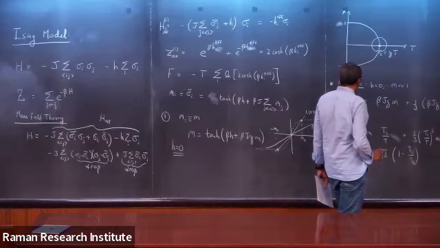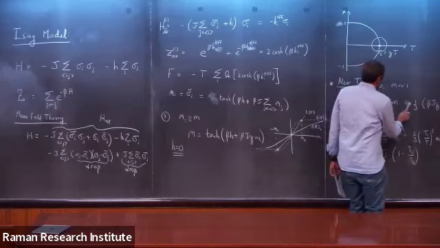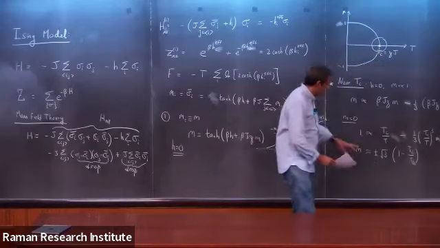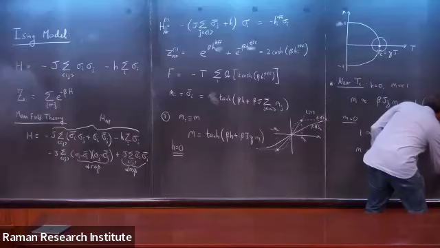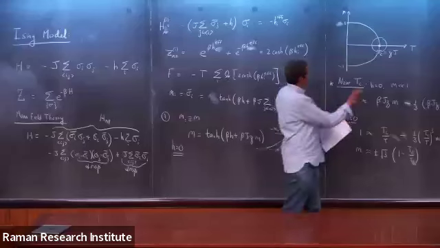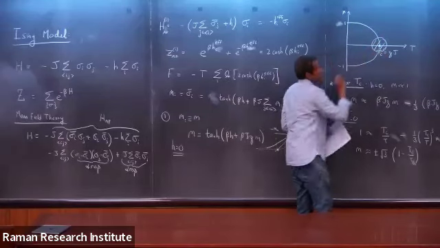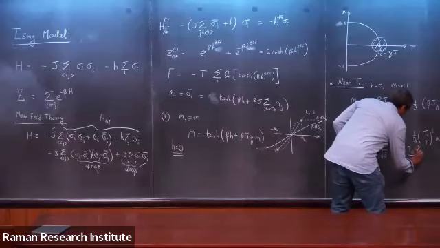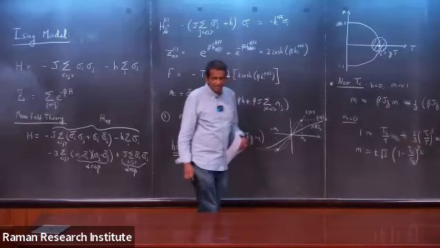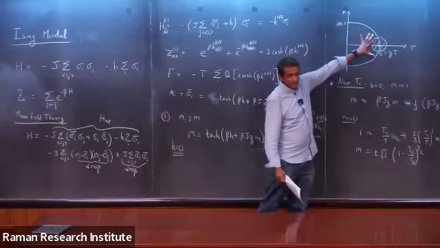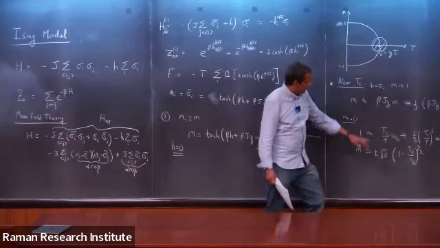Minus 1/3, sorry. Thank you. And in the limit that T is close to Tc, so that I'm very close to this region in the phase diagram, then you find that the magnetization has a specific form where it has plus or minus, so that's consistent with having two solutions, right?